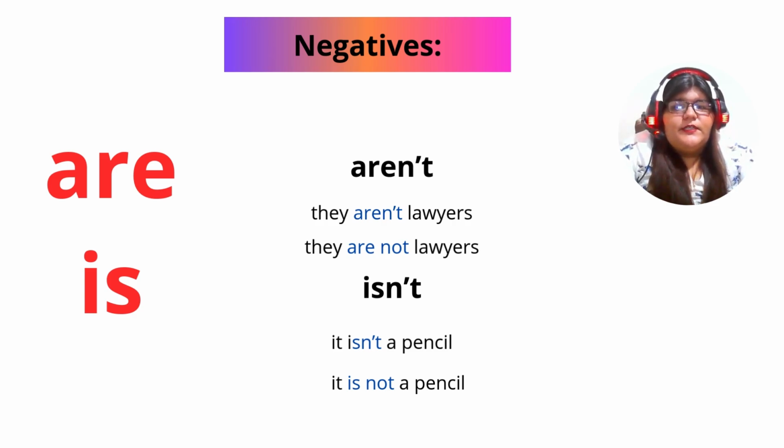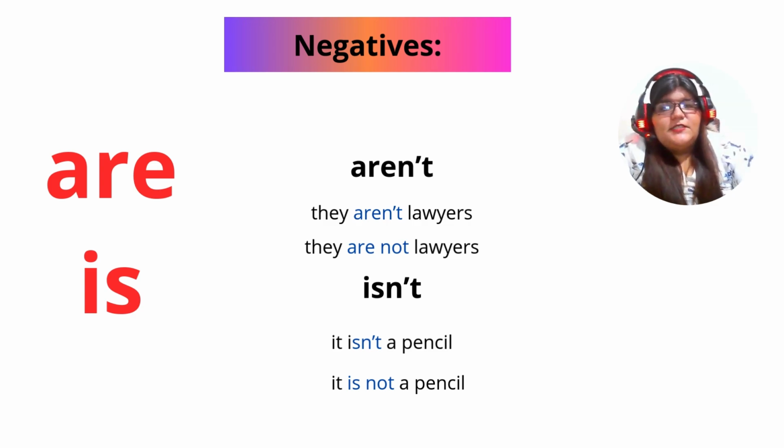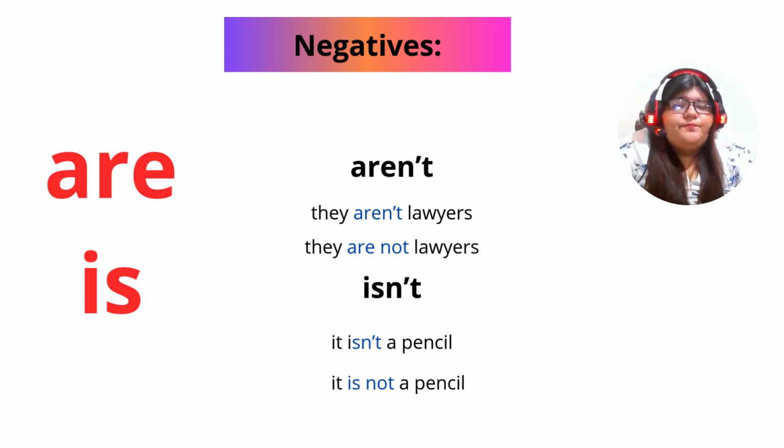If you want to say they are not or they aren't, simple with the contraction. And in the case of singular nouns like is, the be verb is, we can say isn't. It isn't a pencil, or simply it is not a pencil. It's up to you guys in which way you want to express yourself or deny something.